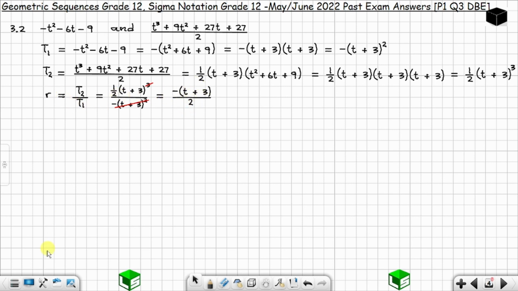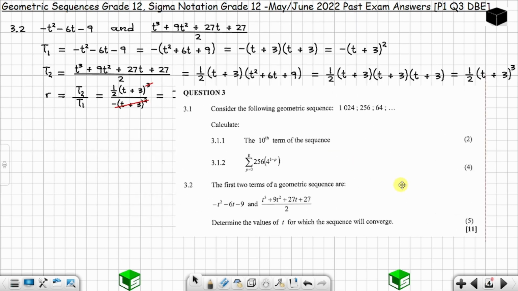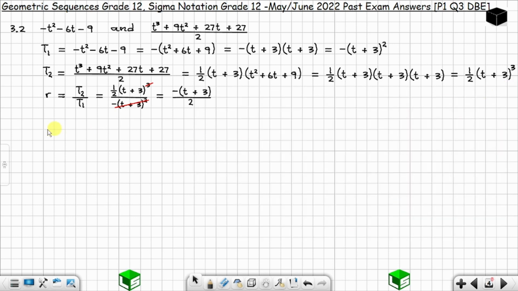Now remember, the question is saying, determine the values of t for which the sequence will converge. Okay, so if r is in between -1 and 1, in other words, if r is less than 1 and r is greater than -1, then the sequence will converge.